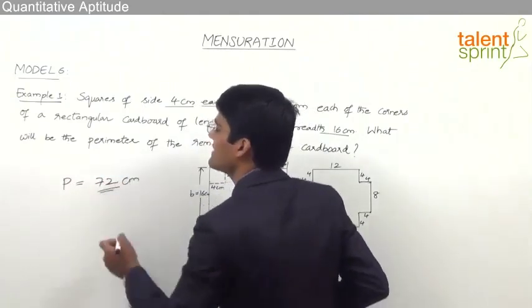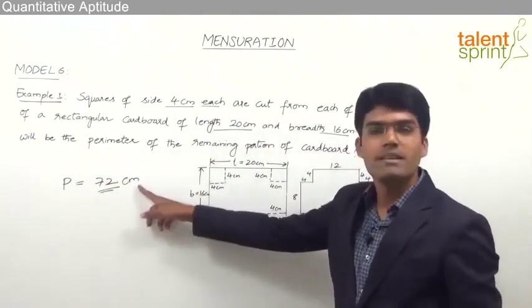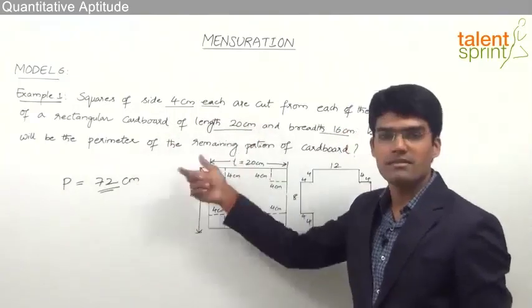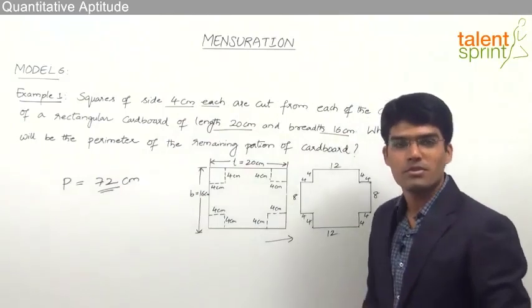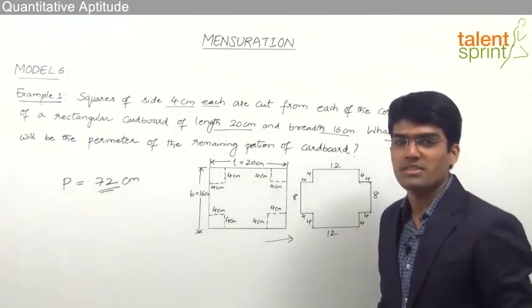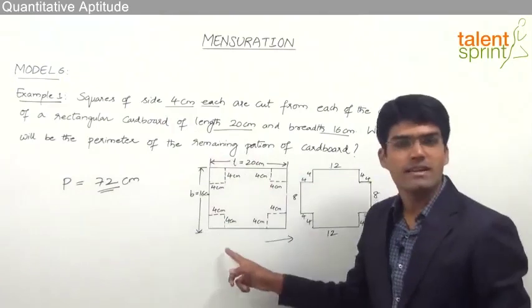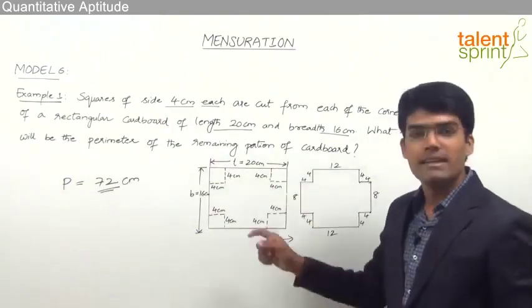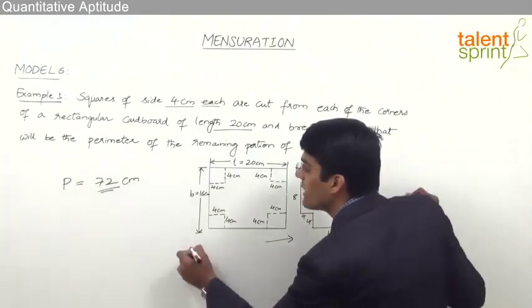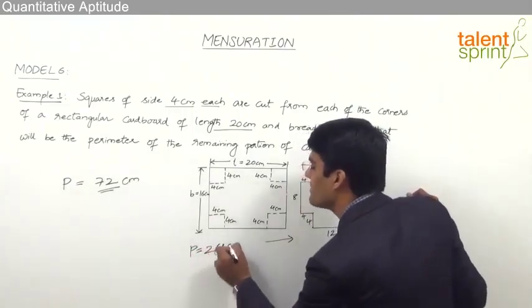Why centimeters? Because perimeter is a measurement of length. It should be in centimeters and the given units are in centimeters. So perimeter here will be equal to 72 centimeters for the remaining portion. But friends, if you observe, the perimeter of the actual rectangle also is 72 centimeters. Because length is 20 and breadth is 16, we know that perimeter of a rectangle is 2 times (L plus B).